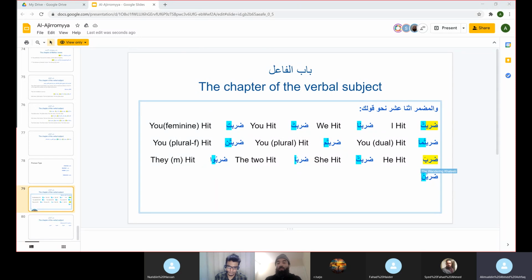It means they, females. Okay, now I'm going to make a correction here. I highlighted this blue, it should be, let me highlight something else, just to indicate it is not a pronoun. Okay, is this clear, everyone?